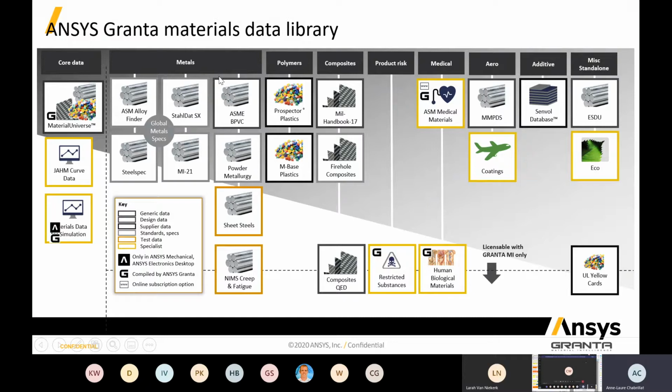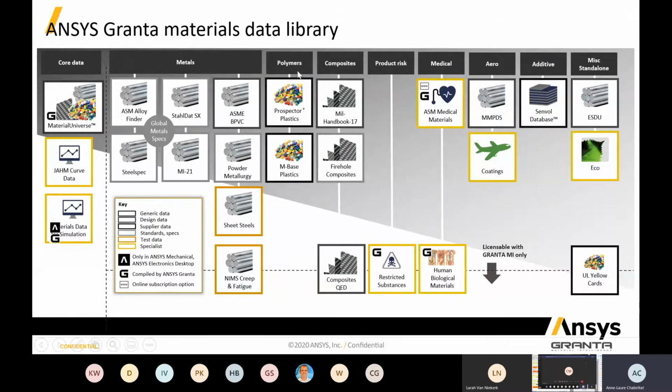Metals have different names and different standards, and it's not very easy to compare them. If you have an American colleague giving you an alloy that they have used, and you want to find what the Chinese equivalency is, for example, this is a very useful tool to do this.